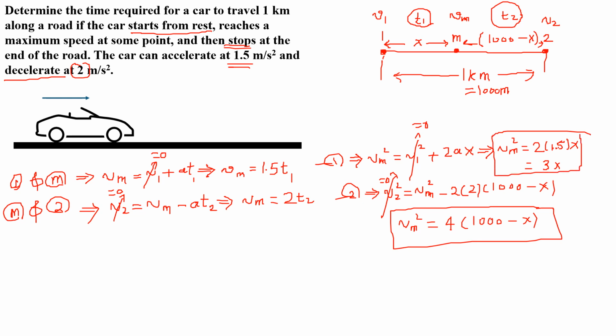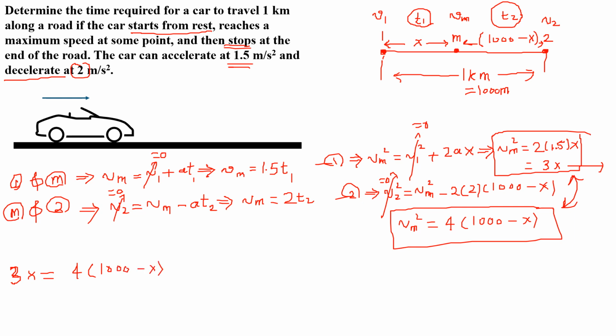So now what we can do, both Vm's here are the same, so I can say 3x is equal to 4 times 1000 minus x, right?